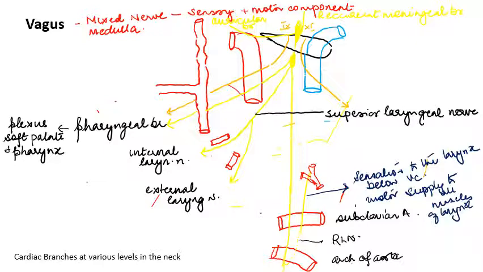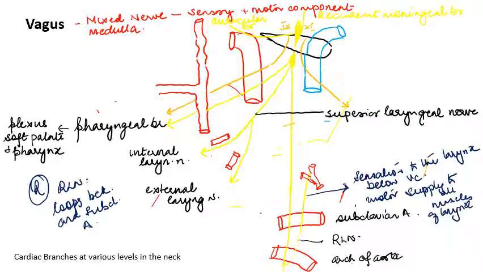On the right side, the recurrent laryngeal nerve arches or loops back around the subclavian artery. And you've already done the development of arches and you know why this takes place. This is because of the embryology of this particular area. Right? Because you've done the aortic arches.